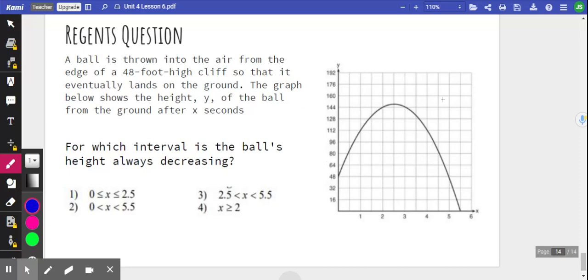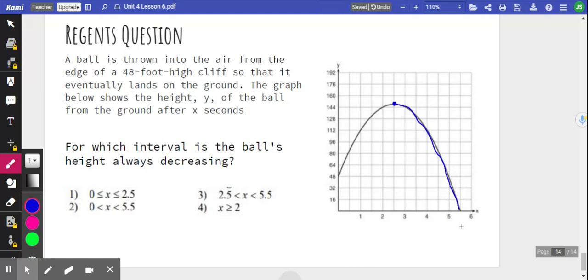So when we think about what we just talked about, when we talked about increasing and decreasing graphs, right up here at the very tippy top of this graph, that's the maximum height, a little bit above 144 feet. So what is happening here is it reaches that maximum height and then the ball decreases. It goes down until it hits the ground.